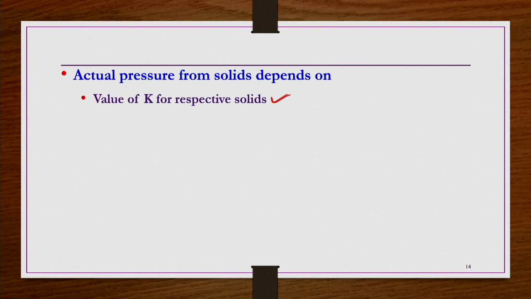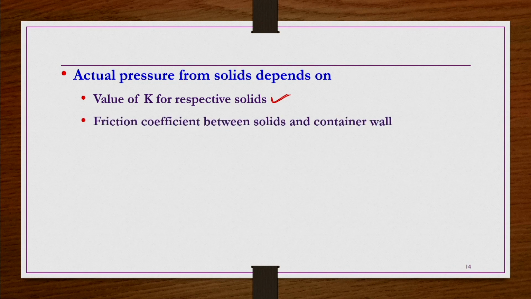So, the actual pressure from solids depends on the value of K for the respective solids, and the friction coefficient between solids and container wall, because that friction offsets some of the weight of the material. So it reduces the overall pressure. When you take 100 kg of solids, the pressure supposed to be exerted might be, let us say, 500 kilopascal, but because of this friction, that pressure is going to be less than 500 kilopascals in general.